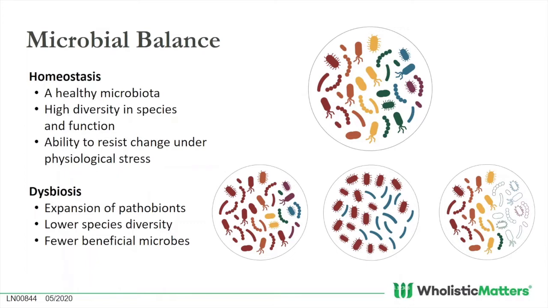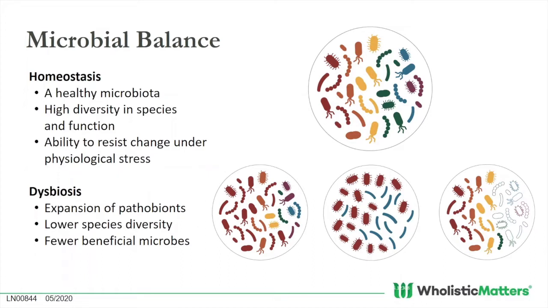By having this high diversity in species and function, you have a lot of overlapping effects, and the body's able to get everything it needs from the microbiome, stimulating the immune system the way it needs, training it for whatever relevant thing comes up. These microbes respond to threats and are able to resist those changes under stress.